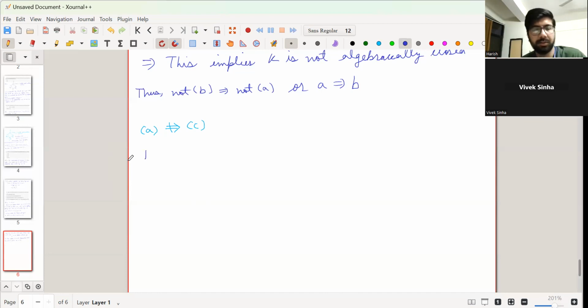So f(x) equal to, say, (x minus 1) square belongs to K[x], right? And it has repeated roots.